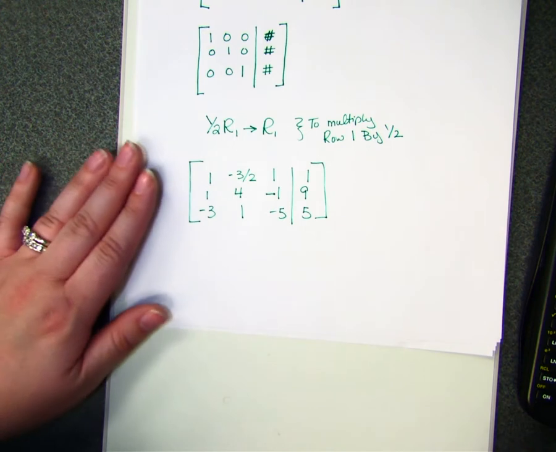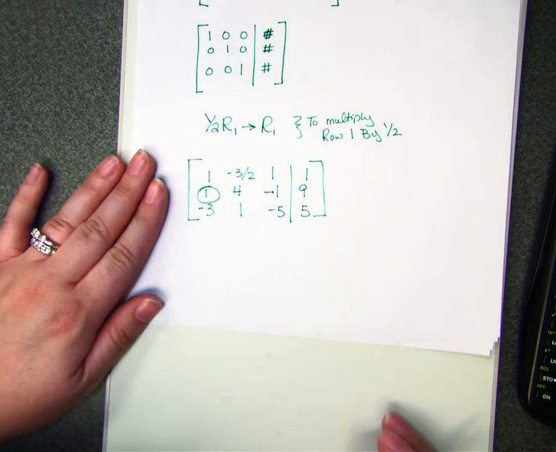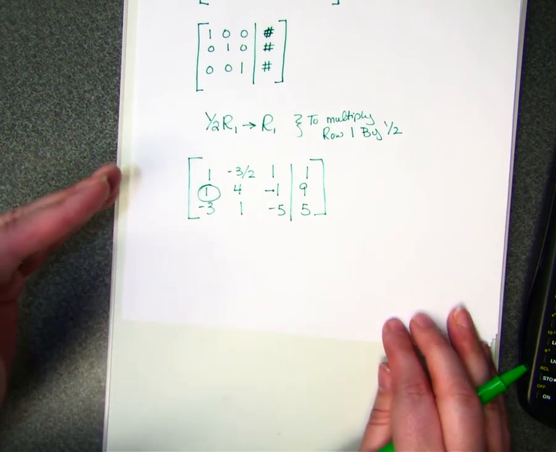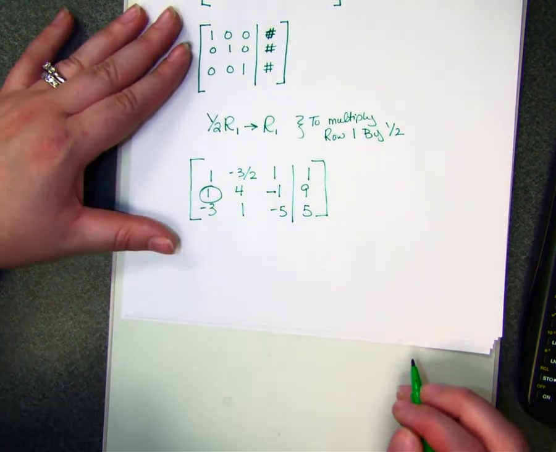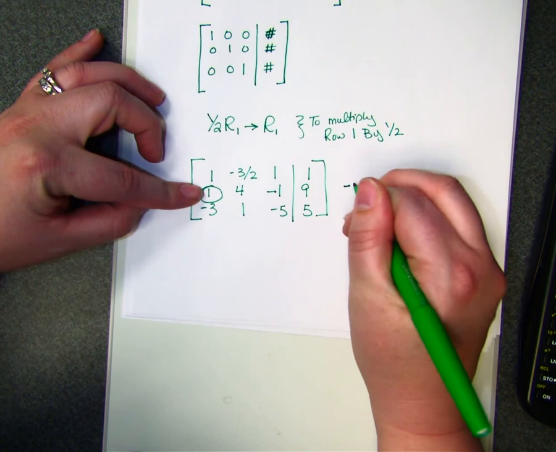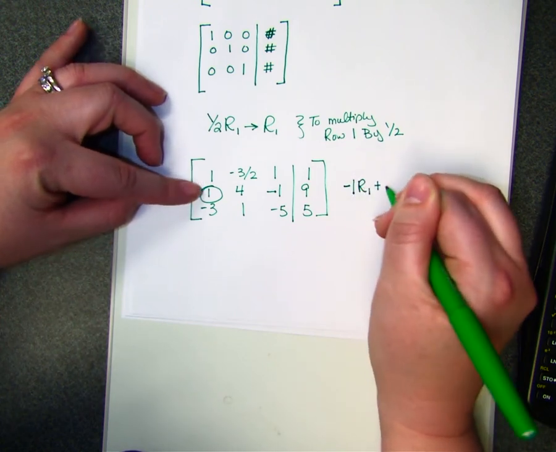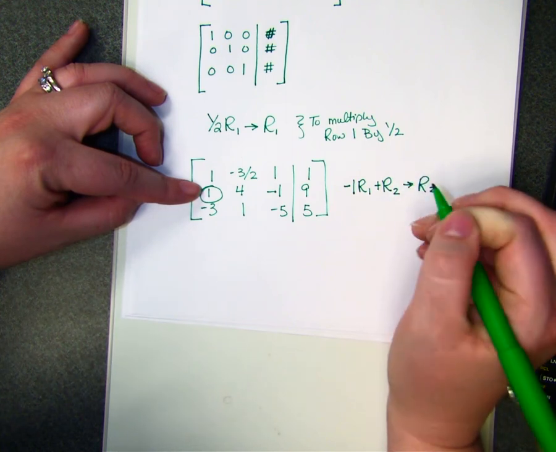Okay, our next goal is to turn this number into a 0, right? So in this column, we've got a 1, and everything else we're trying to turn into zeros. The trick to turning into a 0 is always going to be the opposite sign of the number we want to change, times the row that has the 1 in it, plus the row we want to change, to create a new changed row.